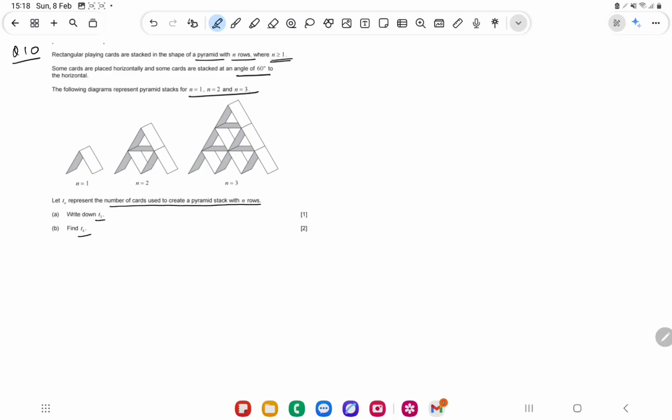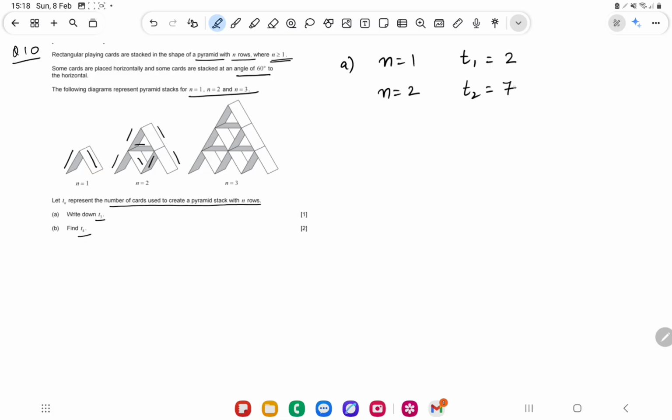To start with, we have to first find the total number of cards in the first, second and third row. To write this, you can start by counting. So total cards for n equal to 1 is 2. As you can count, 1 is this one, 1 is this one, 2. Now for the second one, the total number of cards will be 1, 2, 3, 4, 5, 6, 7.